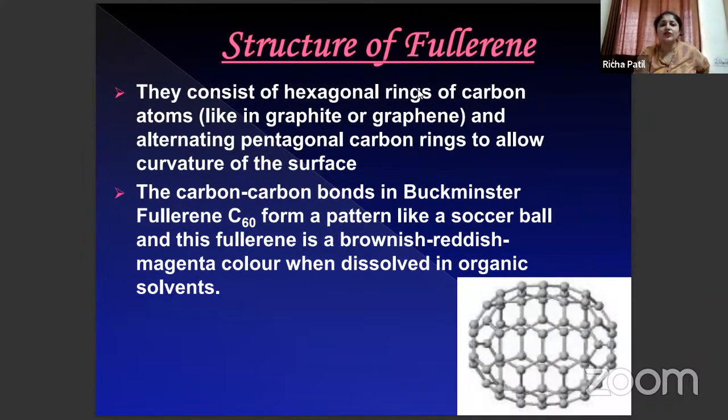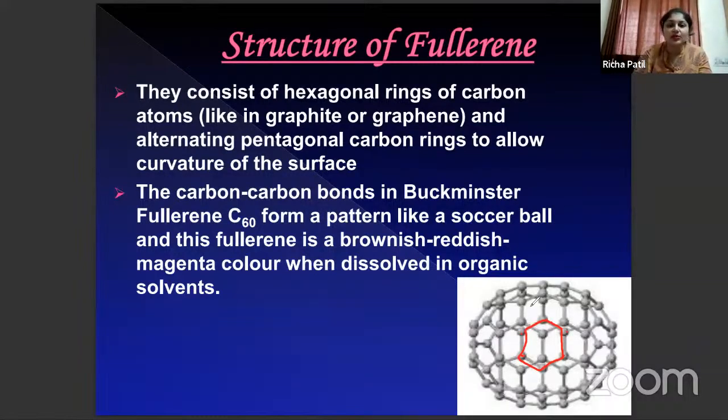What is the structure of fullerene? It consists of hexagonal rings, as you can see in the structure here. The hexagonal rings of carbon atoms alternate with pentagonal rings, which allows the curvature of the surface.